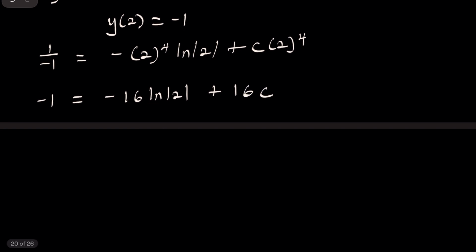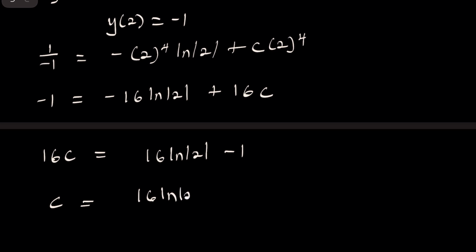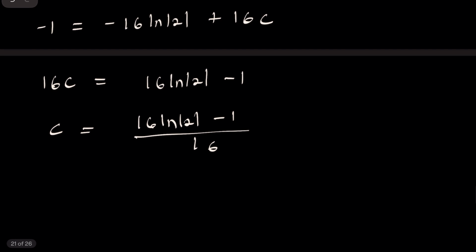So now let's find c. So you're going to have 16c is equal to 16 ln of 2 minus 1. So c is giving us 16 ln of 2 minus 1 divided by 16. And so c is equal to ln of 2 minus 1 on 16.